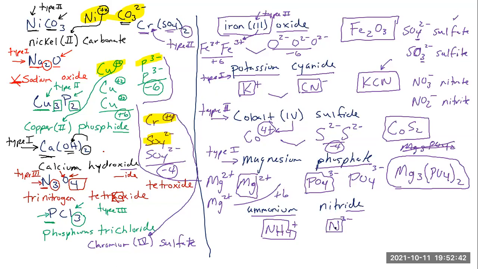So in this particular case, we have -3 and +1. We actually need not 2 of these guys, but we need 3 of these guys. 1, 2, and 3 gives me a +3 to balance out the -3.